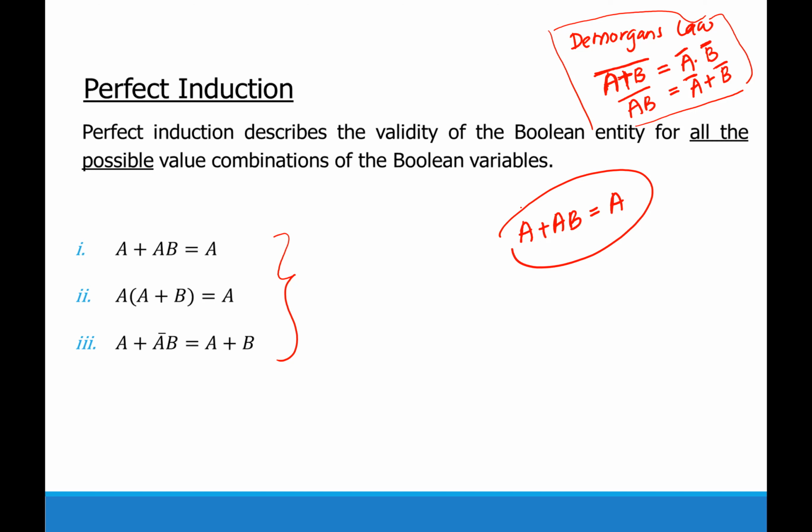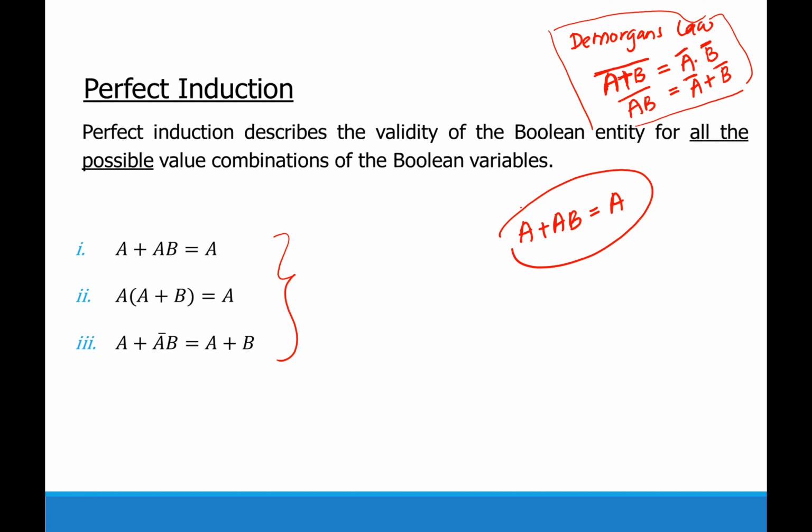We need to show that this equation is true for all possible combinations of A and B, because here we have two inputs. We know that if we have two inputs, there are four possible input combinations. For all those possible input combinations, we need to show that this equation is true.